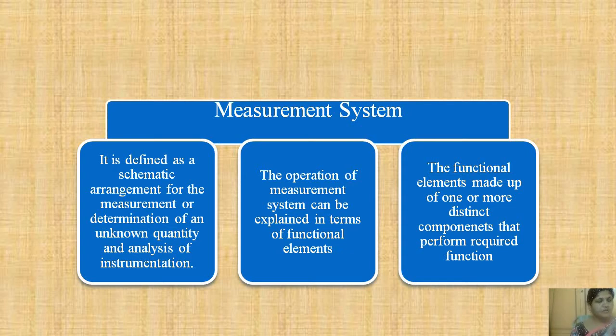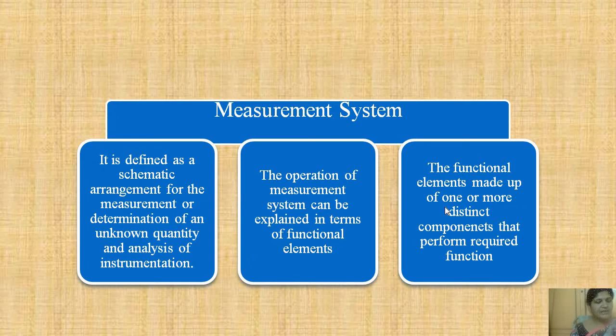Every measurement system will consist of different functional elements, and each functional element will perform a specific function. Each functional element is composed of one or more components which together perform a particular function.